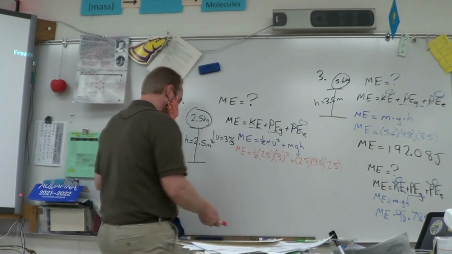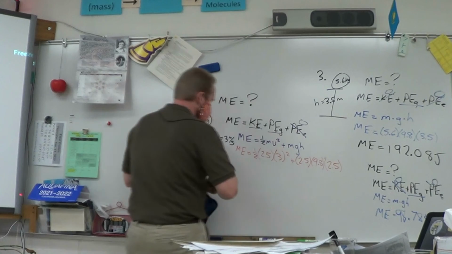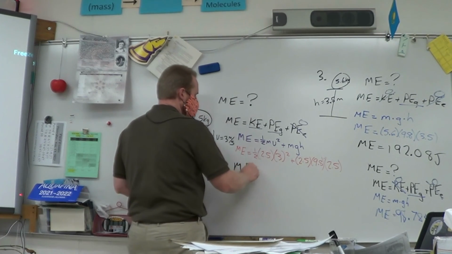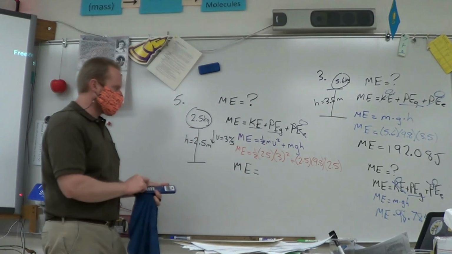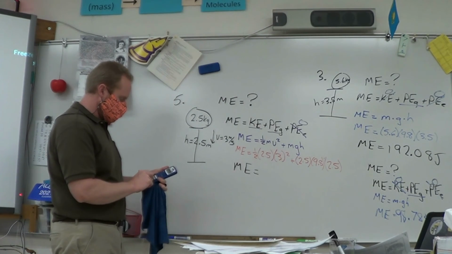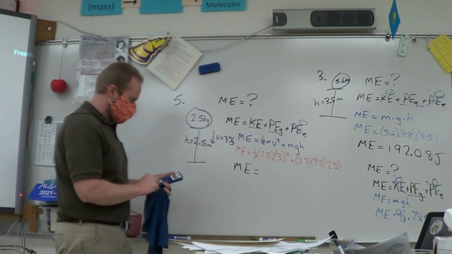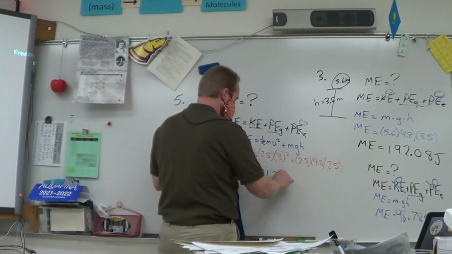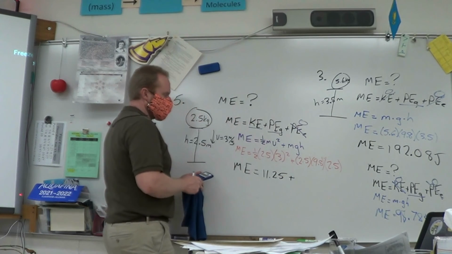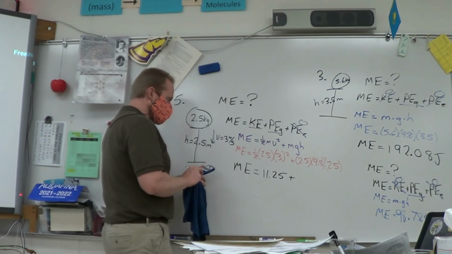Yep, okay. So our mechanical energy is the sum of those two numbers. The first number, the kinetic energy number, 1/2 times 2.5 times 3 squared is 11.25.